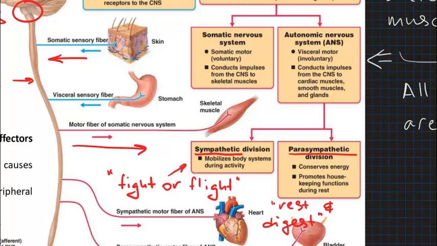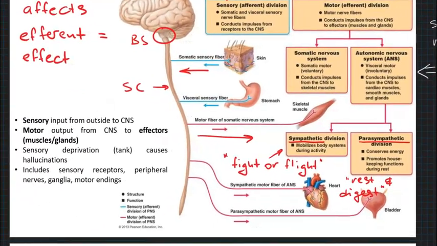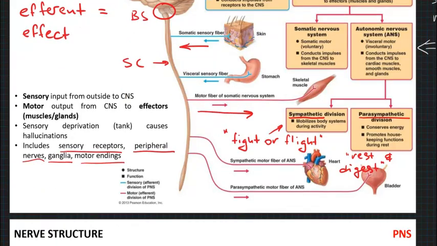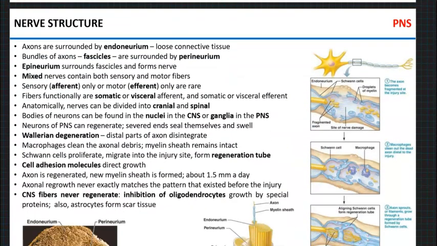Okay? It's just a sort of mnemonic rule here. Okay, so structures in the peripheral nervous system that we're going to talk about will include sensory receptors, peripheral nerves, ganglia, and motor endings. So we're going to start with the general anatomy of a nerve.